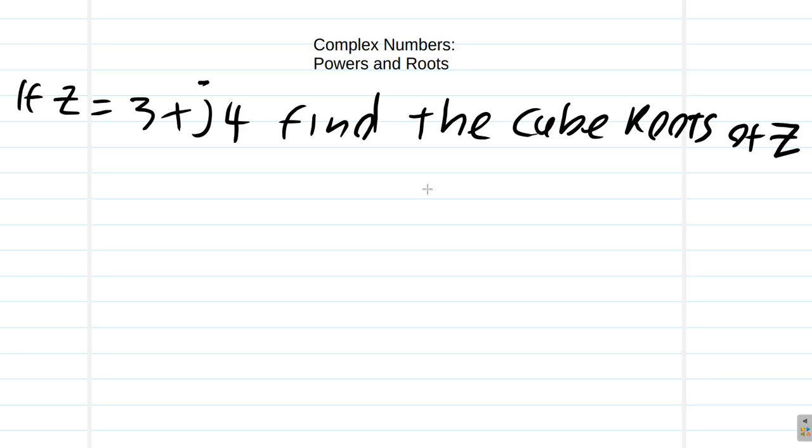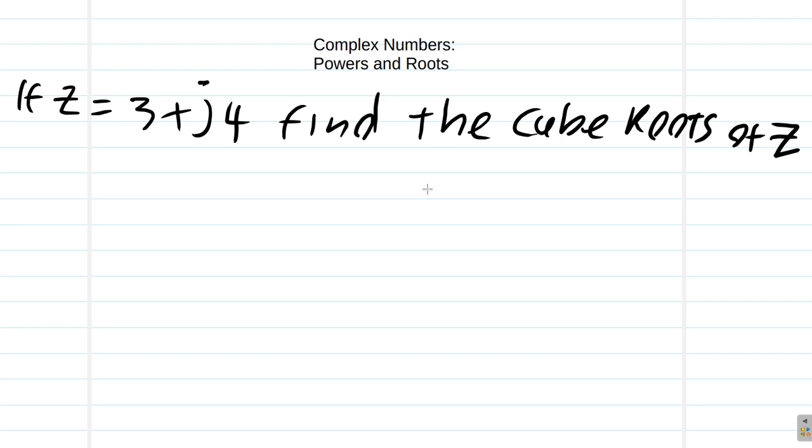Here we found the two square roots of this complex number in the previous video. It's z equals 3 plus j4. I had asked you to find the 3 cube roots of z.